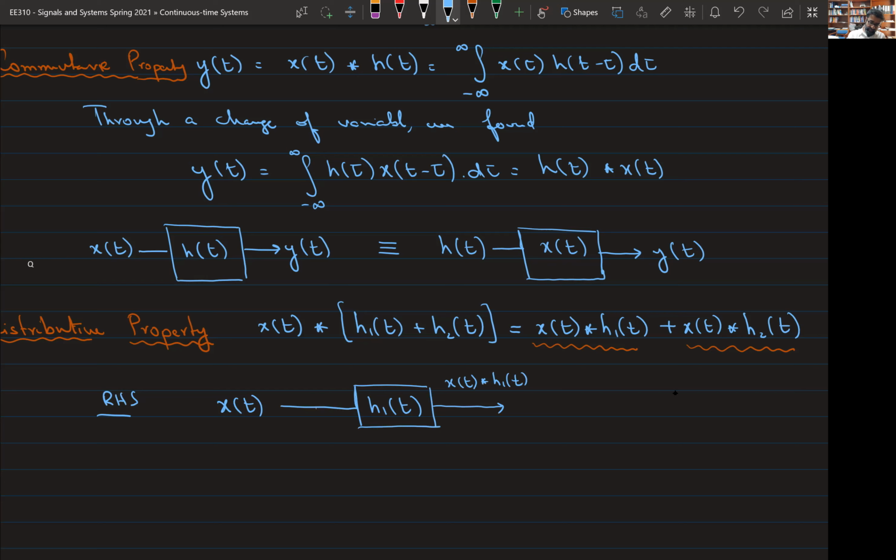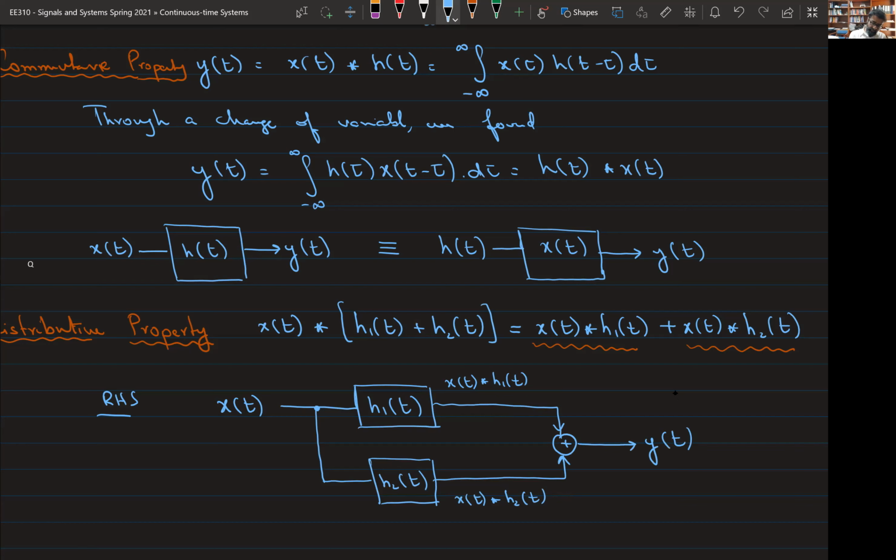Then there's another system with an impulse response h2 of t, and its output is x of t convolved with h2 of t. The overall output is just the sum of these two terms, and this would be my y of t.